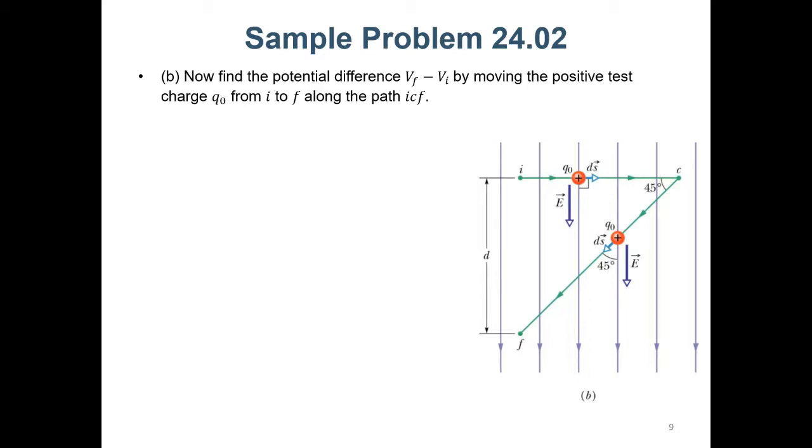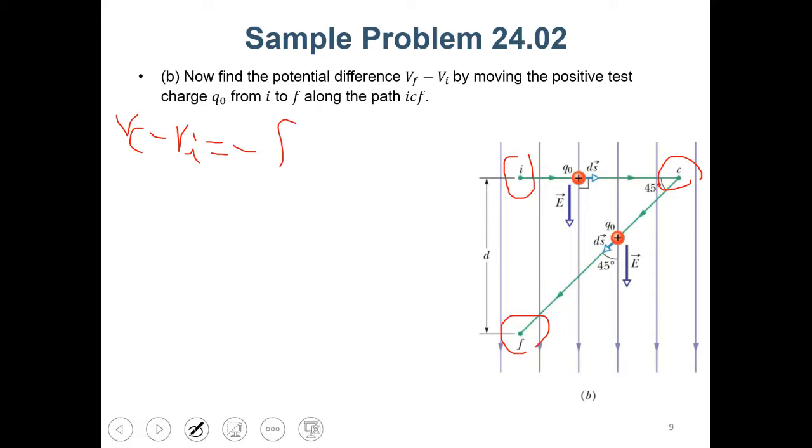Okay, part B. Now find the potential difference, again by moving the positive charge Q0 from I to F along the path ICF. I is here, C is here, F is here. So first we try to calculate VC minus VI, and it will be nothing but this.